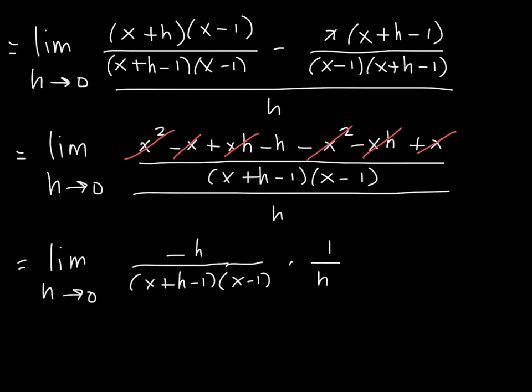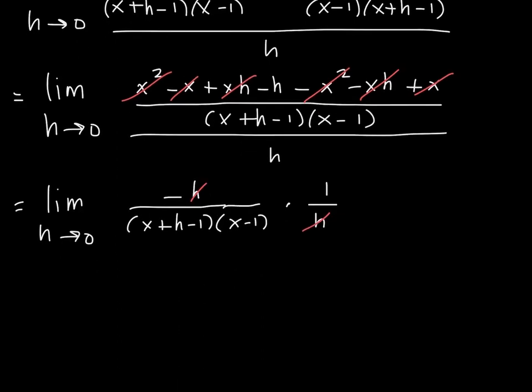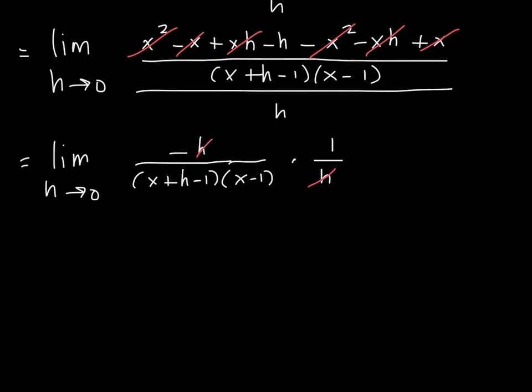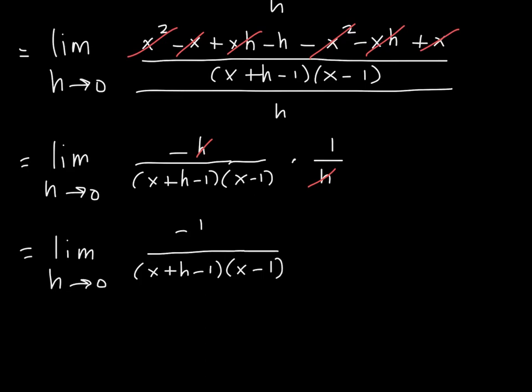Now notice that these h factors divide out, and you are left with f prime of x is equal to the limit as h approaches 0 of negative 1 over (x plus h minus 1) times (x minus 1).